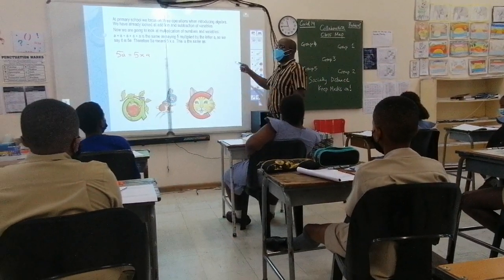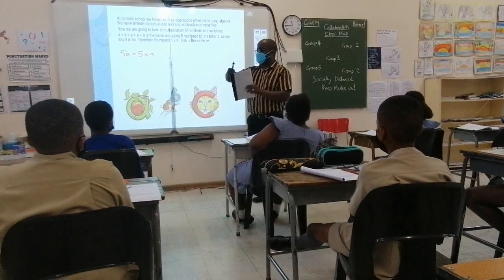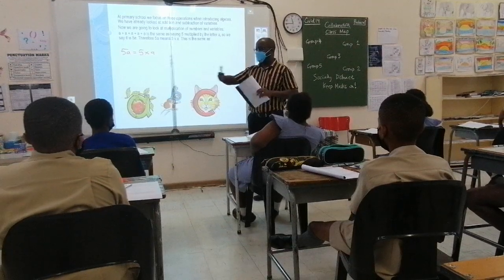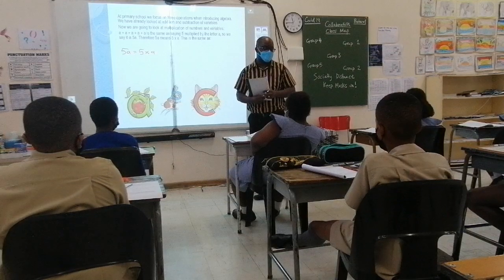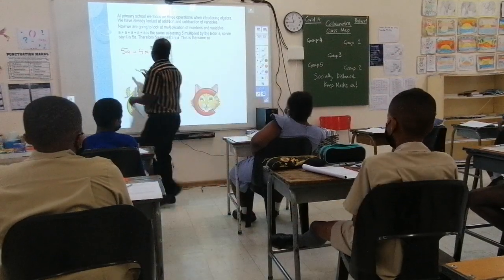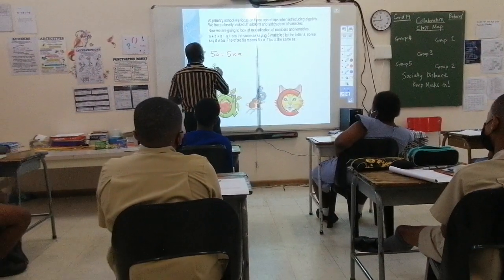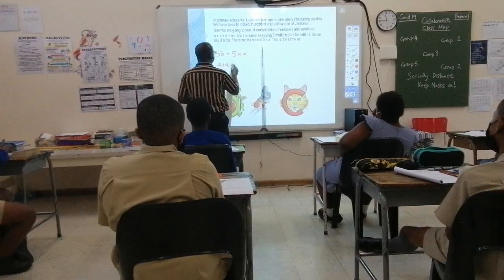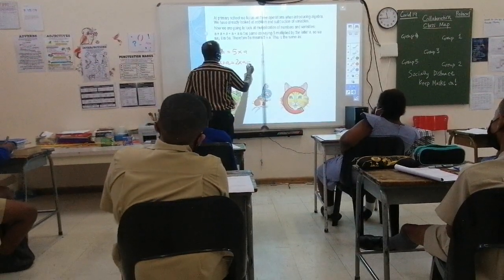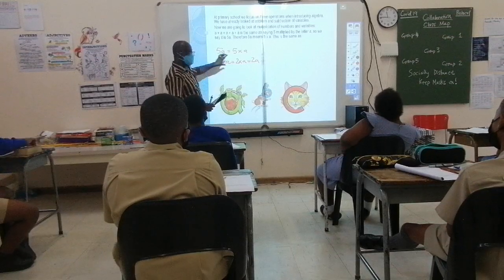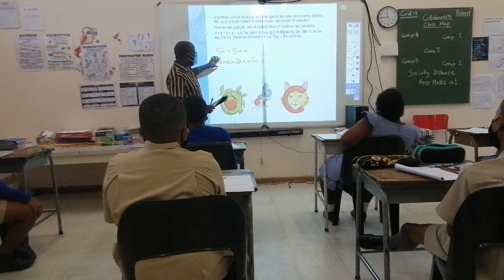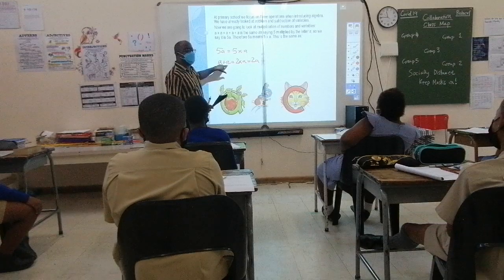So when you add the same letter, it's the same as multiplying the number and the letter. However many a's you've got, you multiply by the number of a's. So for example, if I had a plus a, that would be the same as saying 2 times a, which is 2a. That's what we mean, because there's 2 of them. And you multiply a by the number of times a appears.